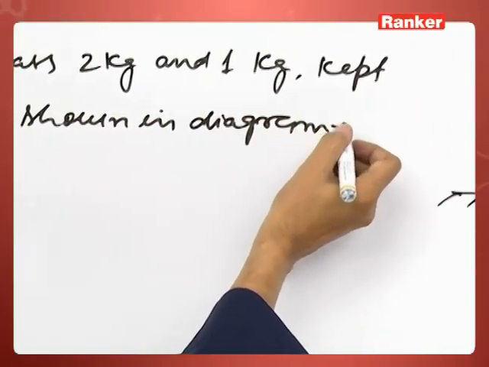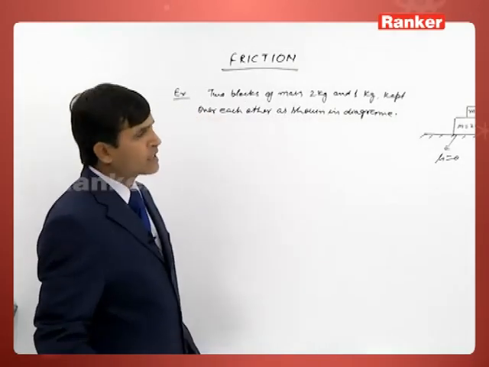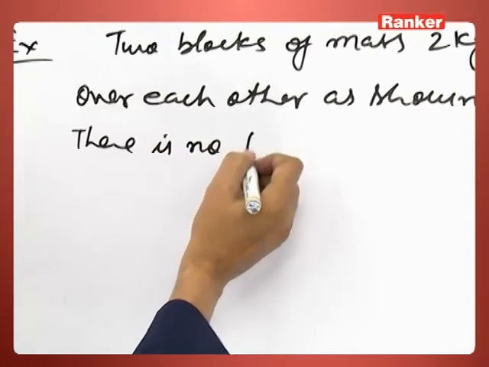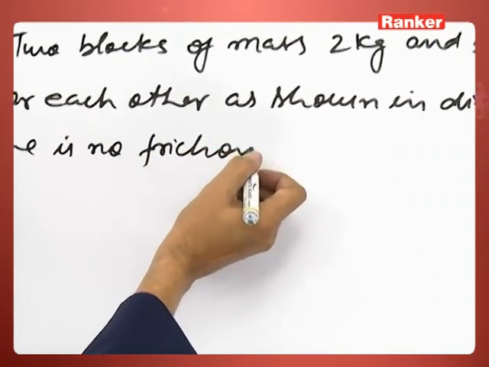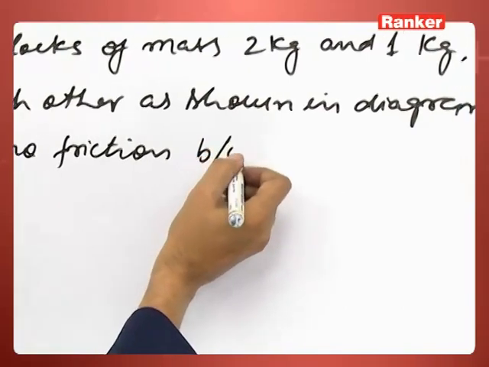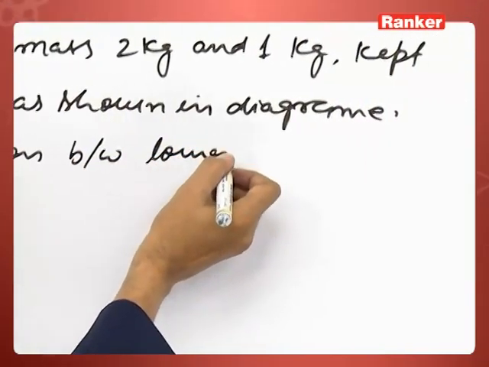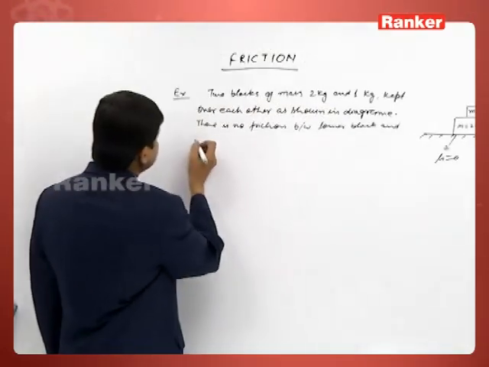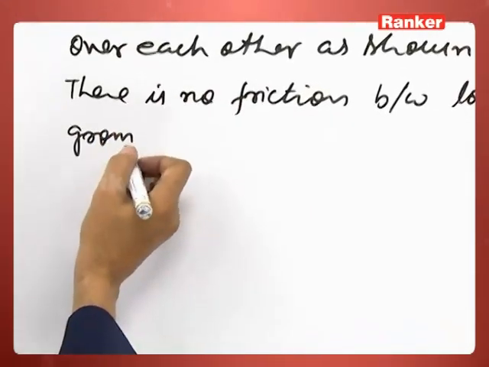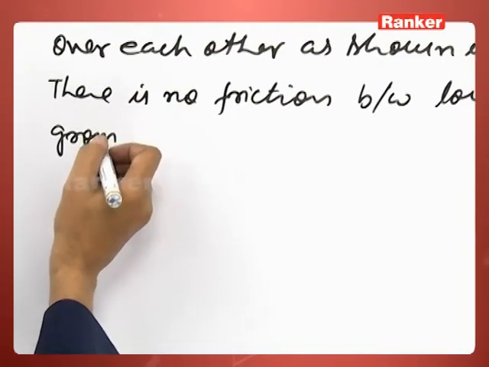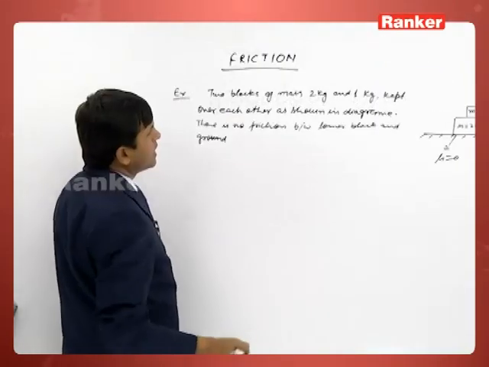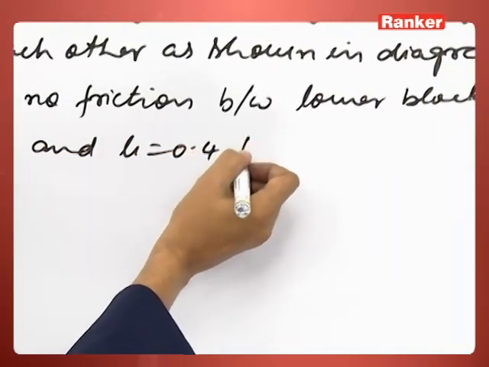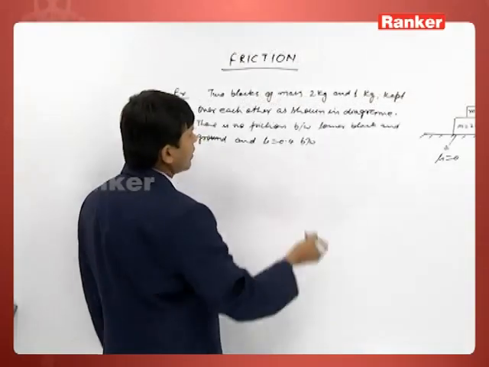As shown in the diagram, there is no friction between the lower block and the ground, and mu is equal to 0.4 between the blocks.